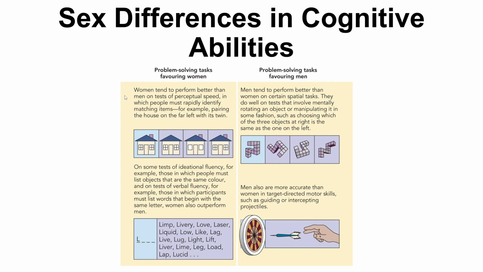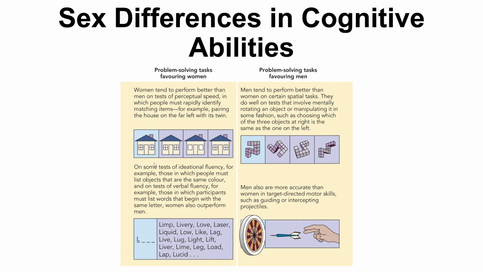So we see that women perform better on perceptual speed tasks. This would be something like a matching to sample task. We show you the blue one, that is our sample, and of these options, which matches this sample. If you have a time constraint, or if they look at, say, how quickly you can select the correct answer, women's scores will be better than men's scores.